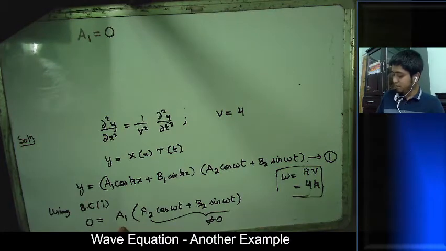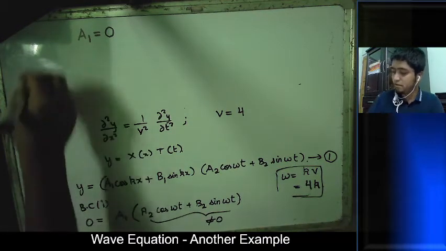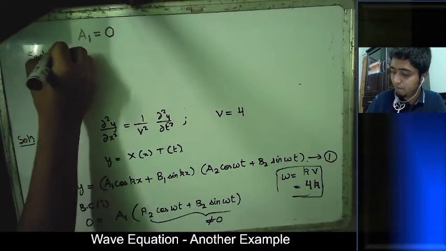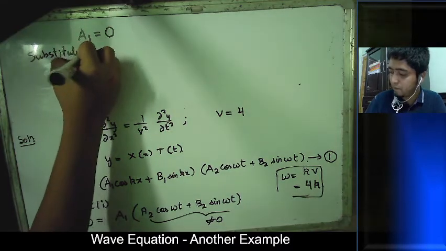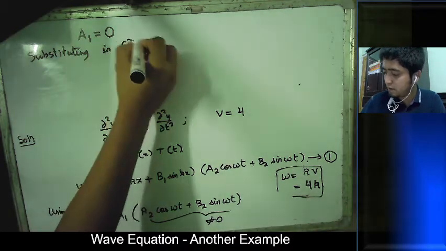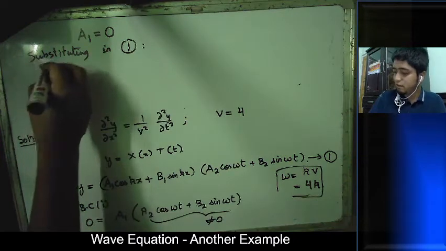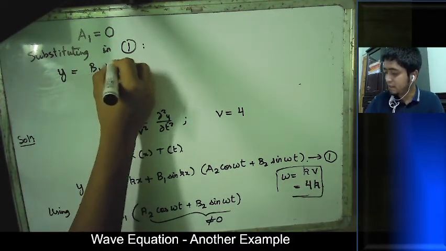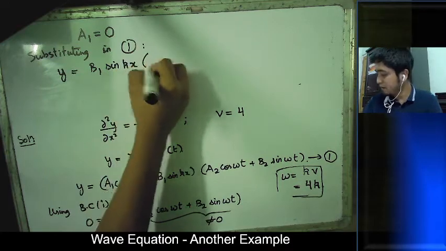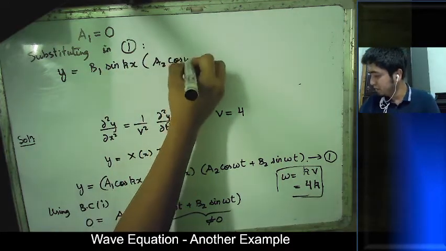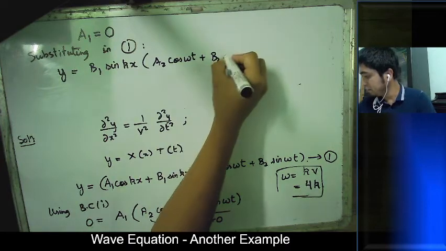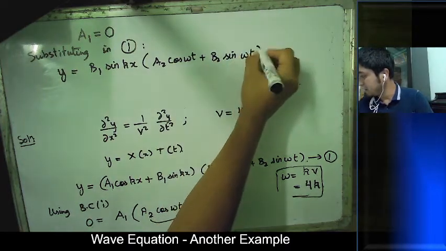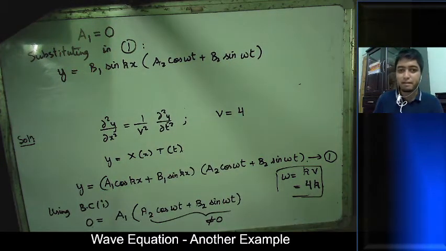We will substitute a1 equals 0 in equation 1. So y will become b1 sin kx times a2 cos ωt plus b2 sin ωt. So this is what we are having.